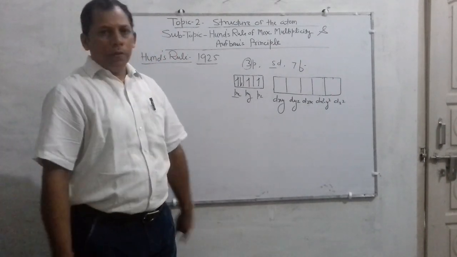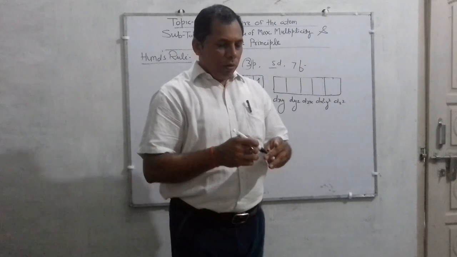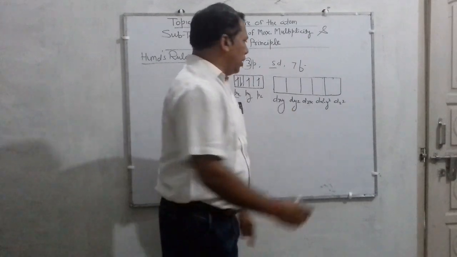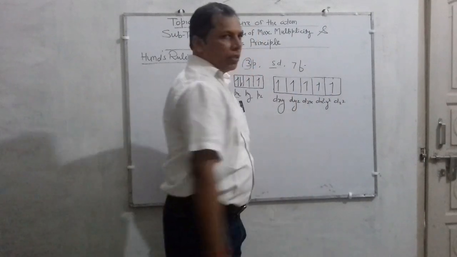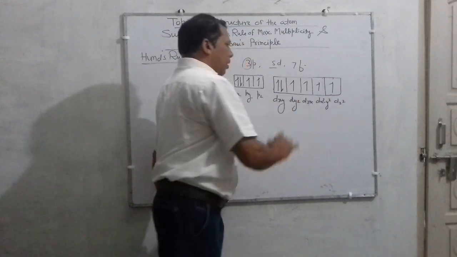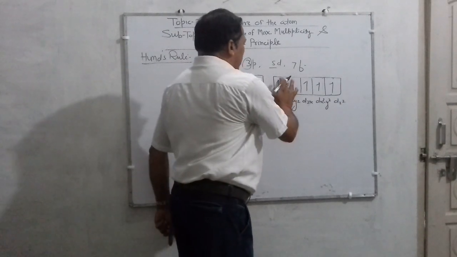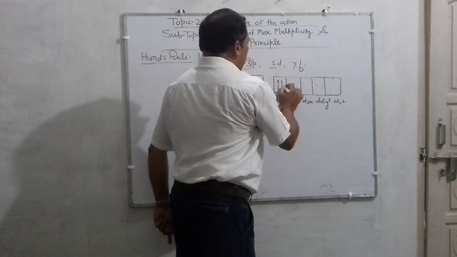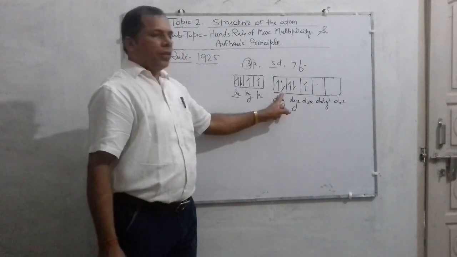Clear? Suppose in the d orbitals, according to the rule, these 5 orbitals will first be filled by 1 electron each, and when the 6th electron enters, it will be paired. Understand? If there are 5 electrons, you must not fill them in such a manner; this is the wrong manner.